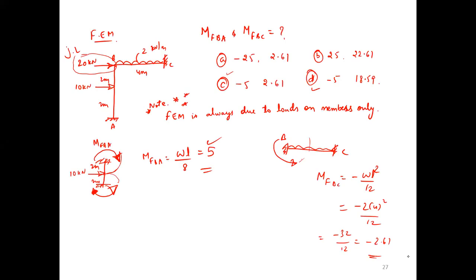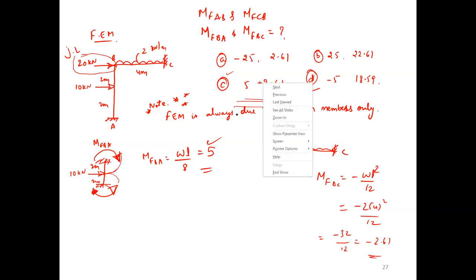I have given plus 2.61, as the answer for MFAB and MFCB. Fixed end moment is always a resisting moment. I explained this in yesterday's class. So in this case, the answer should be plus 5 and minus 2.61.